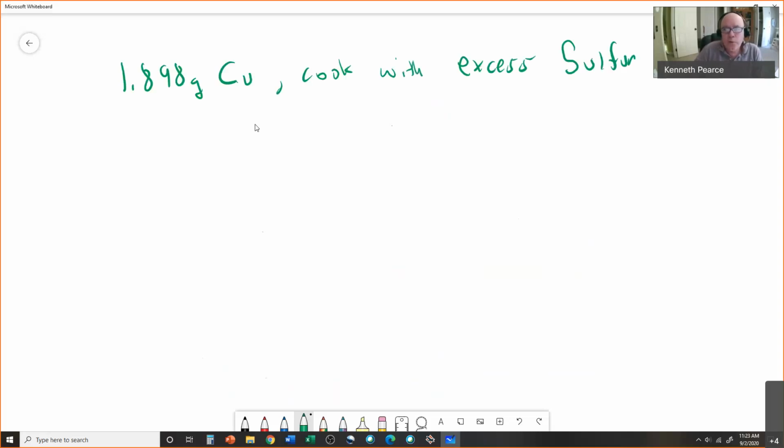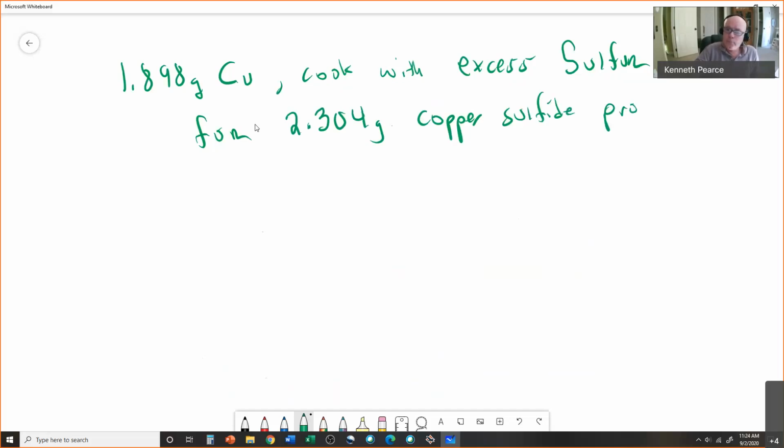What that means is that you have more than enough sulfur to react with the copper, and we form, let's say, 2.304 grams copper sulfide product. And we want to know, what is the empirical formula?